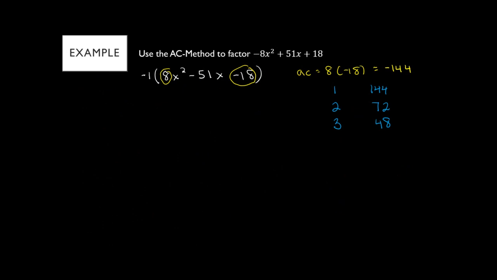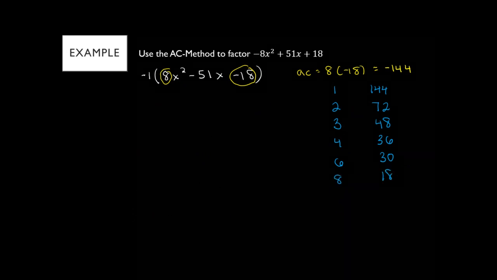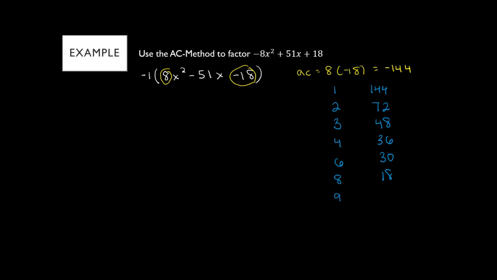Okay, yeah, and then divided by 4 was 36, was it? 4 times 36, and 6 times 30, and then we had 8 times 18, 9 times 16, and then 10 and 11, and then 12 times 12.